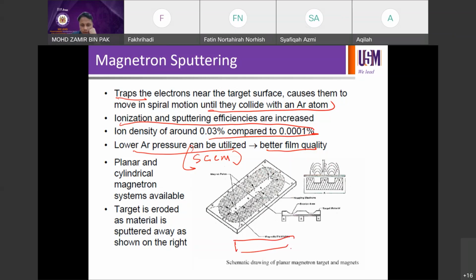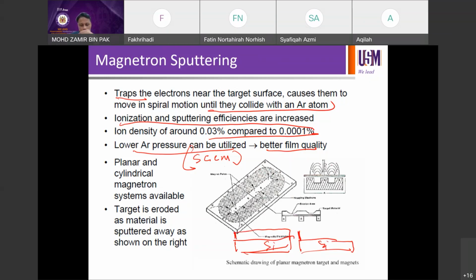For example, if this is your silicon wafer, and you deposit a layer with lower argon pressure, you normally get a smoother film.